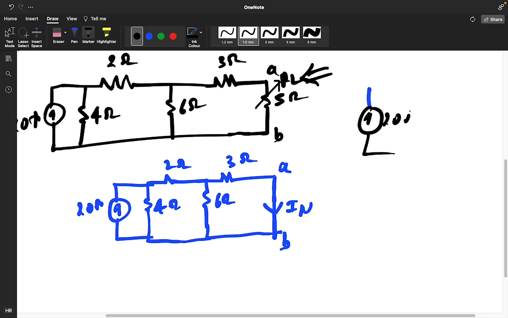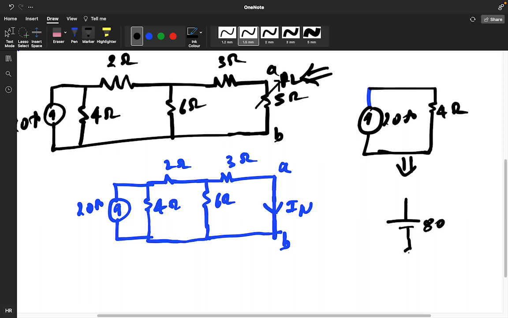This is 20 ampere, and this is 4 ohm. So this circuit can be replaced like this: positive, negative, 80 volt in series with 4 ohm. So the head terminal you have to assume positive, and the tail terminal negative.